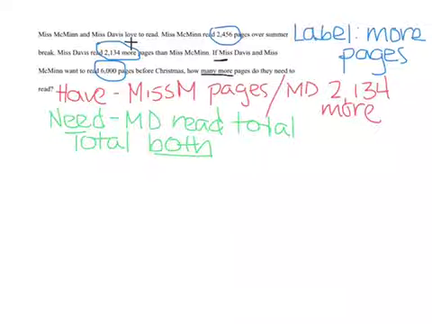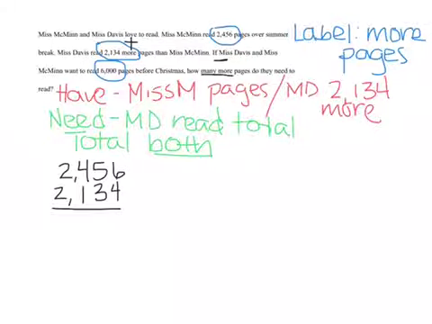So I first need to figure out how many pages Miss Davis has read. So Miss McMinn read 2,456. Miss Davis read 2,134 more pages than Miss McMinn.